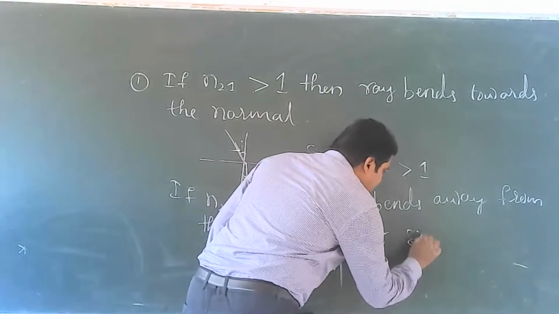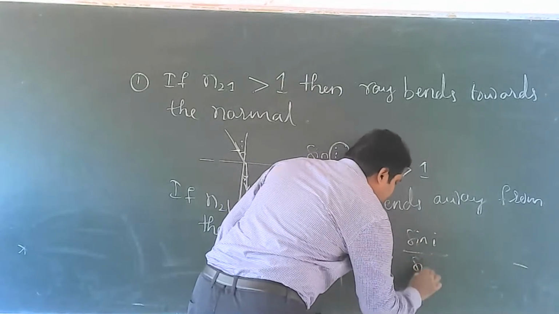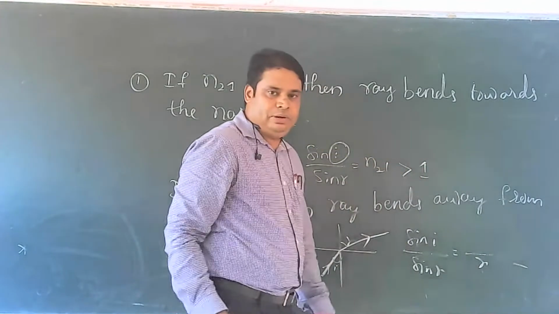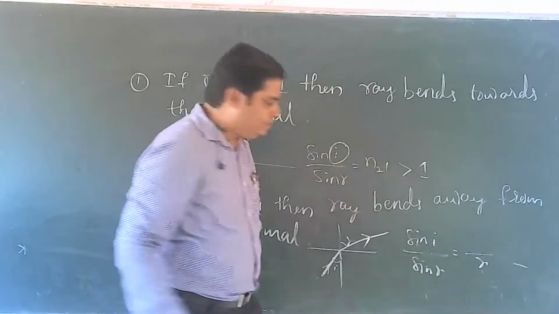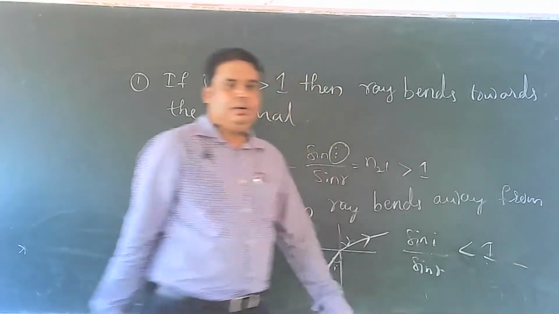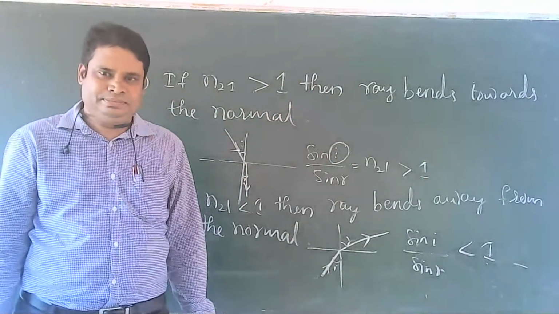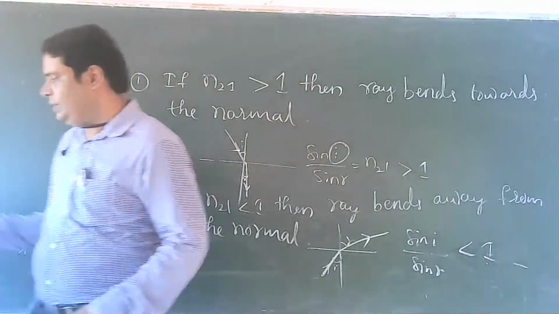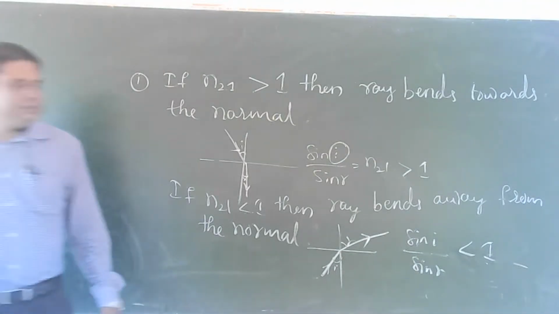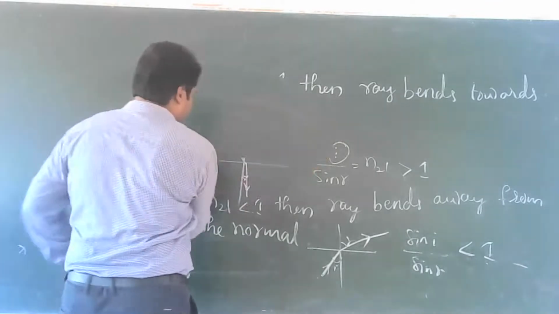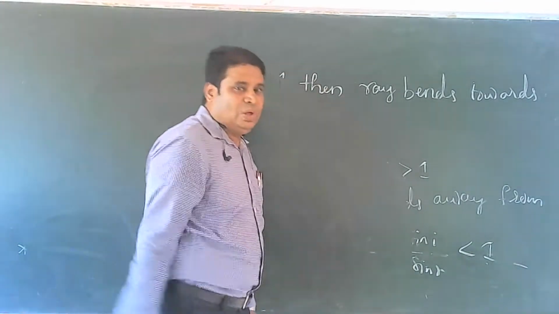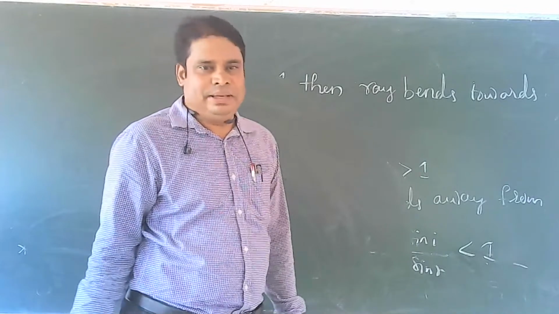Then in sin i by sin r, the value of r will be greater, so sin r will be greater. The denominator is more, so n21 will be less than 1. Correct? Okay, this point you have to remember. Next point. These are some points to be remembered while studying refractive index.